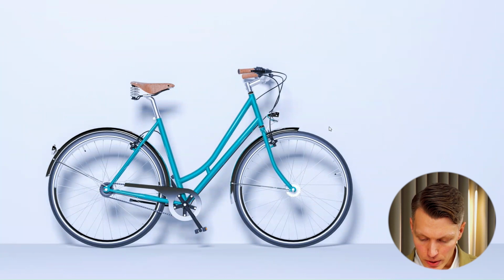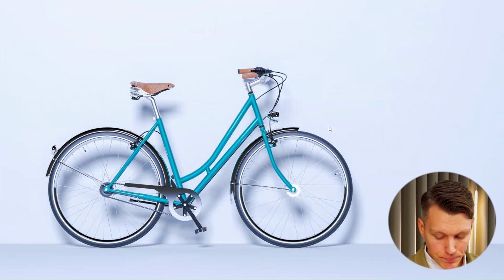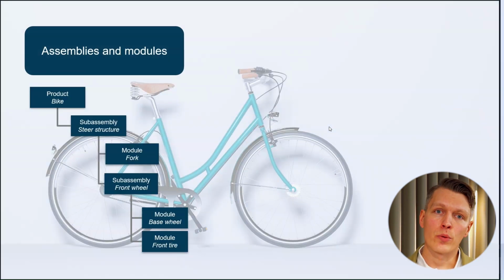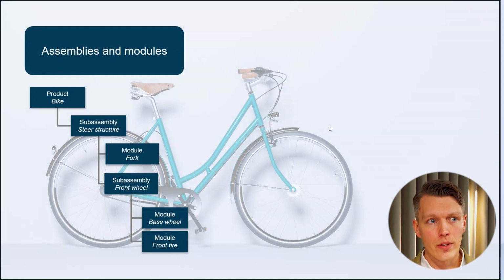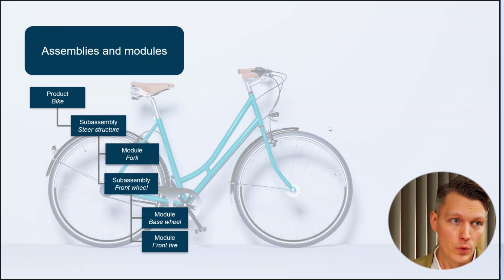And if we talk about these mappings in a little more detail, we can consider a bicycle as an example. When we're modeling something in CPQ, we're building a product representation of assemblies and sub-assemblies and module positions. So if we consider this bicycle or part of it, we can see the sub-assembly steering structure here, which consists of a fork and also an additional sub-assembly front wheel.